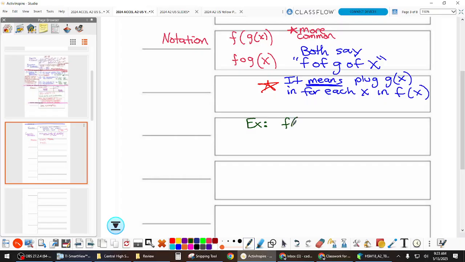Let's say f of x is some polynomial, so 3x squared plus 2x plus 7. And g of x, if you have colors for this, it might be kind of helpful. Let's say g of x is, I don't know, x minus 3. These are kind of simple ones, okay? So what is f of g of x?